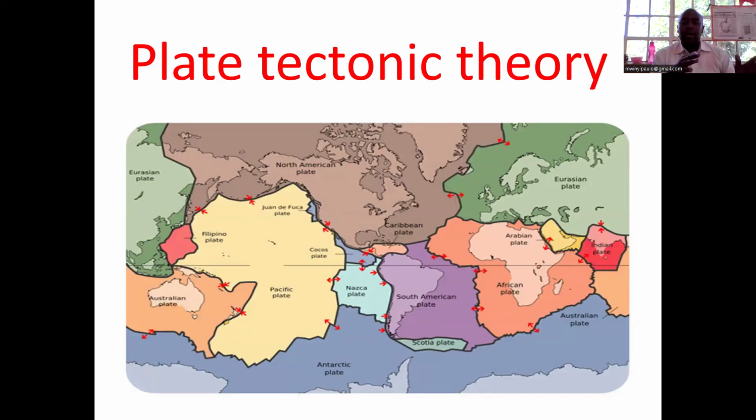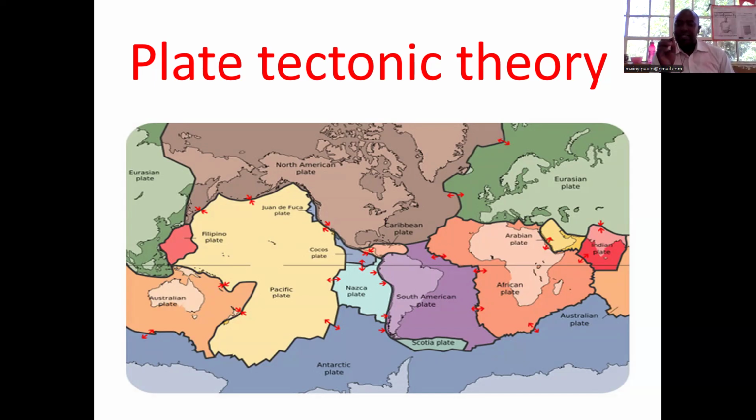So that was continental drift. Now we move to the second theory, which is plate tectonic theory. I want you to take your time and look at what I'm showing you there.